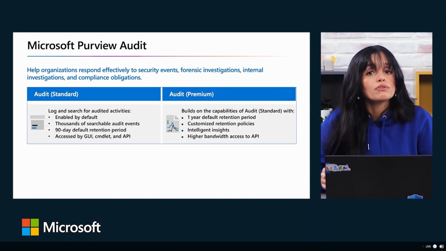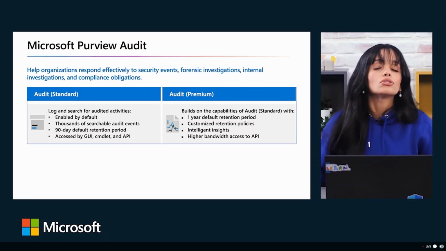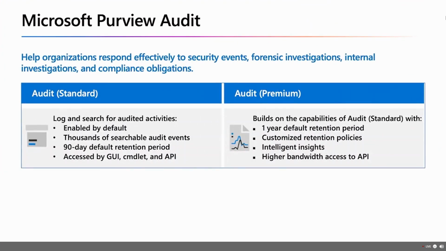Microsoft Purview provides two auditing solutions, Audit Standard and Audit Premium. Audit Standard is turned on by default for all organizations with the appropriate subscription, and it provides you with the ability to log and search for audited activities to power your forensic, IT, compliance, and legal investigation.